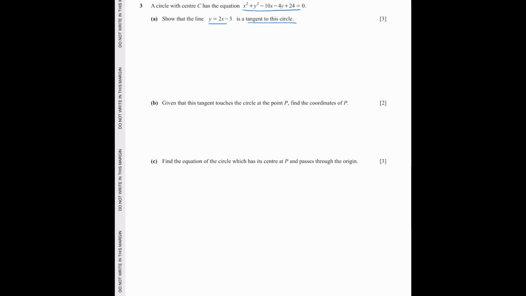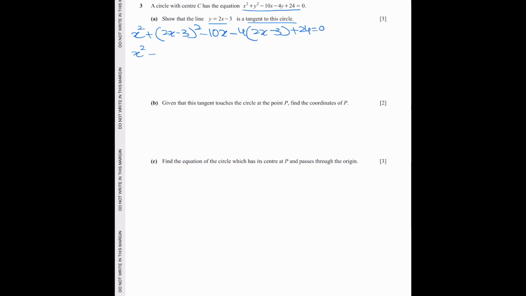Now substitute. So we have x square plus 2x minus 3 whole square minus 10x minus 4 times 2x minus 3 plus 24 equal to 0.